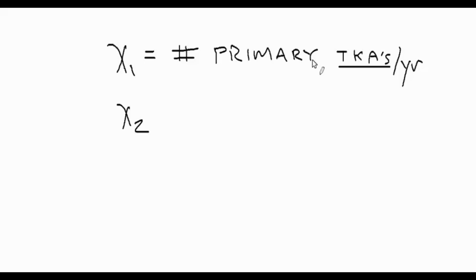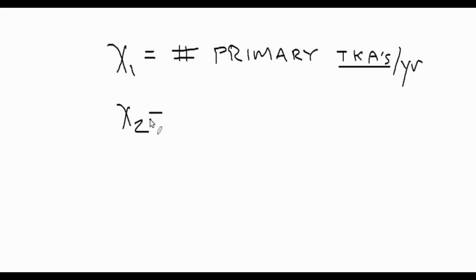So a TKA is a total knee replacement, total knee arthroplasty, that's why it's TKA. Primary means it's the first time that it's done. The patient has arthritis and a surgery is done to put in a prosthetic knee. Now, a revision would be if that prosthetic knee had to be redone in a second surgery, but this is the first surgery for the knee replacement for the patient. That's why it's called primary.